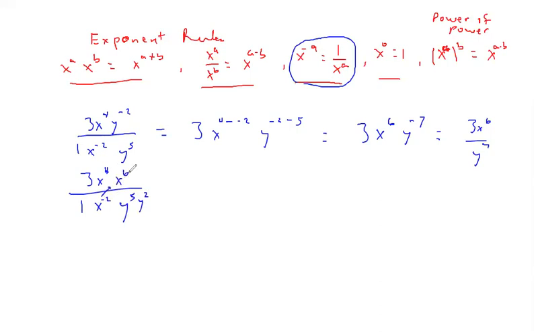So that's x squared, and that's not there. So then look what I get. 3x to the 6th over 1y to the 7th, or 3x to the 6th over y to the 7th. Same thing.